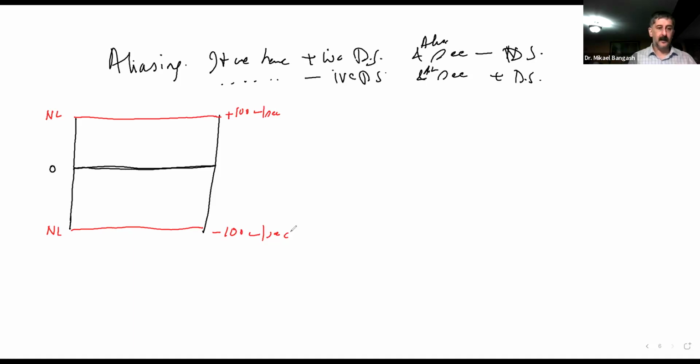In this case, let's say that we had a positive Doppler shift that was greater than 100.